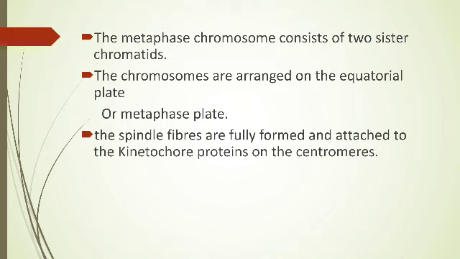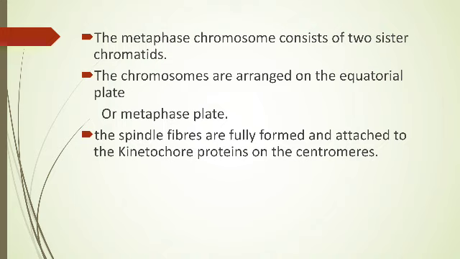If there is any single chromosome whose kinetochore proteins have no spindle fibers attached, and that chromosome is left out of the equatorial plate, then this cell will not enter the anaphase, because in the anaphase the sister chromatids are going to be separated from each other.